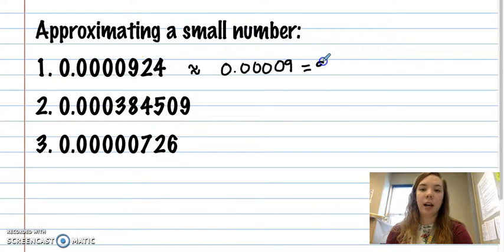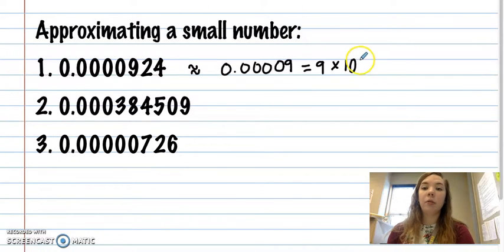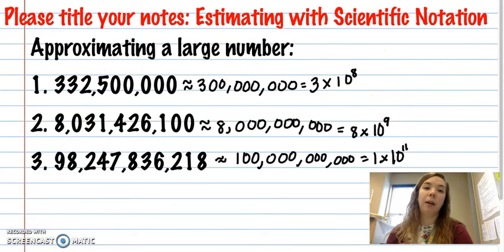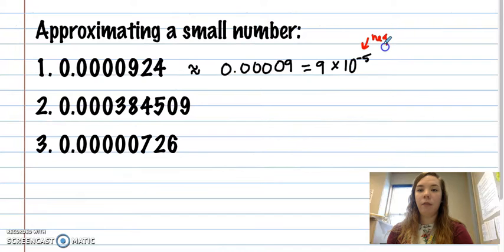And then you would write this as 9 times 10 to the -5th power, because after my 9 I have 1, 2, 3, 4, 5 digits, and since it's small, our exponent's going to be negative, because remember, our negative exponent makes things smaller, our positive exponent makes things bigger. So right here, this is positive for large numbers and negative for small numbers.